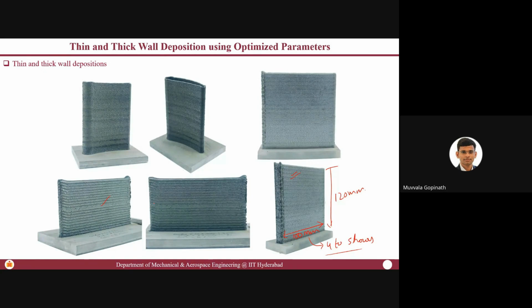But in these two cases, what we have tried to do is only one bead over the other bead. We kept on depositing. There are no overlapping tracks, because the kind of mechanical properties this one shows and the kind of mechanical properties this one shows are extremely different. I did not touch their mechanical behavior, because the next aspect that comes to us is the mechanical behavior.